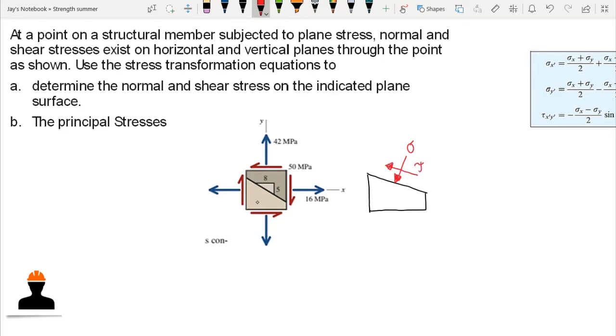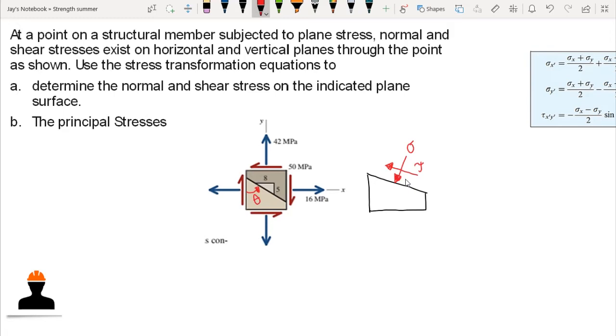Now, however, we do not know yet the orientation of our shear and normal. We can be sure of the orientation of our shear and normal when we have already computed the transformed stresses. So how are we going to compute the stresses at this point? We first compute the angle of rotation. Let's say that's theta.